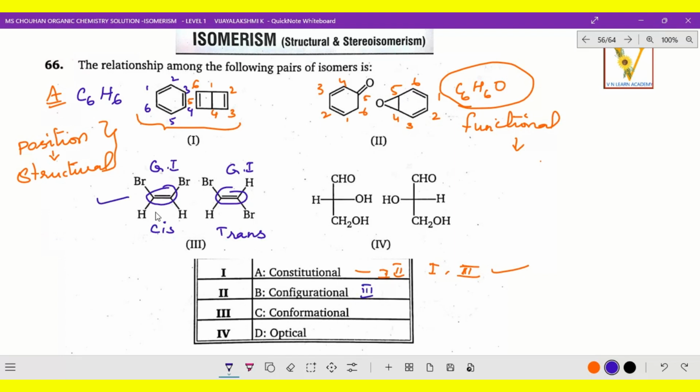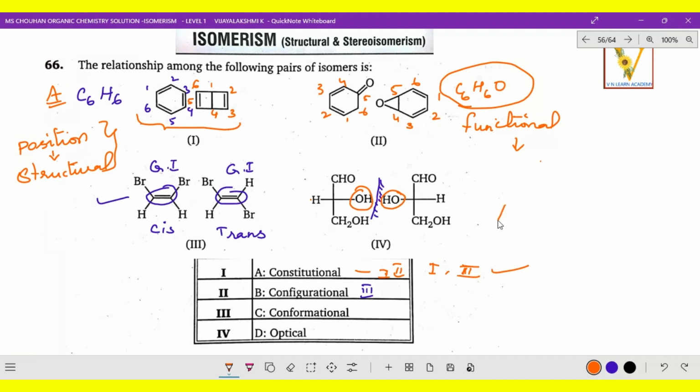Now the last one. Just observe these two pictures. If I put a mirror line in the middle, what do you observe? Here OH is there, and here also OH, with H, CHO, CH2OH. This is a mirror image.